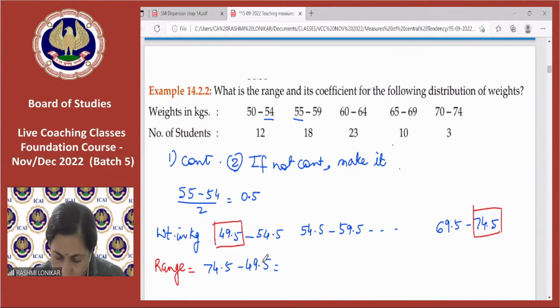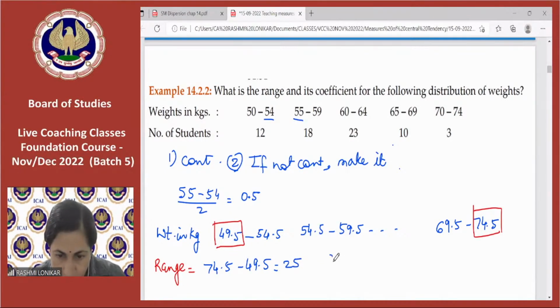Yes, Avdesh, 74.5 is correct, 49.5 is correct. Can you give me the answer? Bibika, that is the final answer. Now, how much is this? 25? Very good, Avdesh.